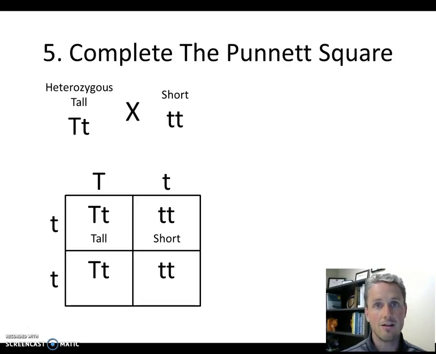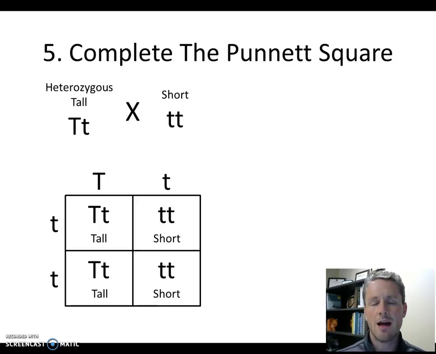Again, big T, little t, we know that makes tall. Little t, short. And now we're done with our Punnett square. We have simulated a mating between these two parents, and each of the boxes represents the offspring that could be reproduced by those parents. And each box represents an equal amount of the offspring. Each box represents 1/4, or 1 in 4 of the offspring.